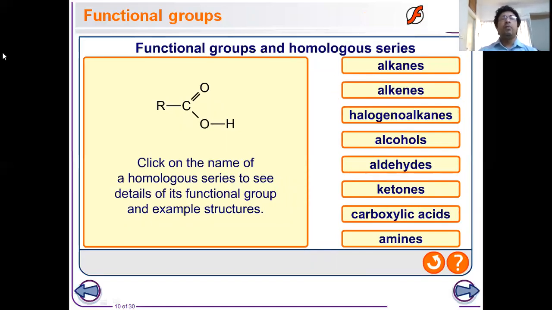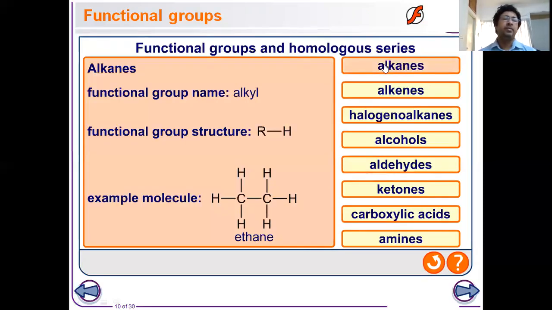Now, let's see the structure of different types of organic compounds. First, alkanes. Alkanes contain carbon-carbon single bonds, as we know, and their functional group structure can be shown in this way, RH. R is called the alkyl group. Its general formula is CnH2n+1. That means if one hydrogen is removed from an alkane, that is an alkyl group.